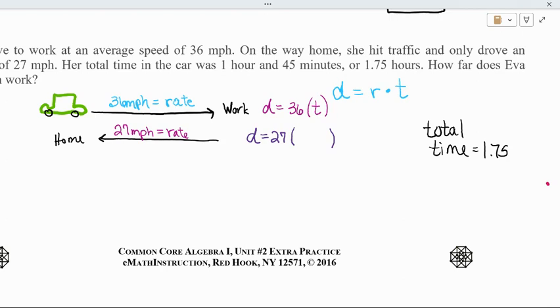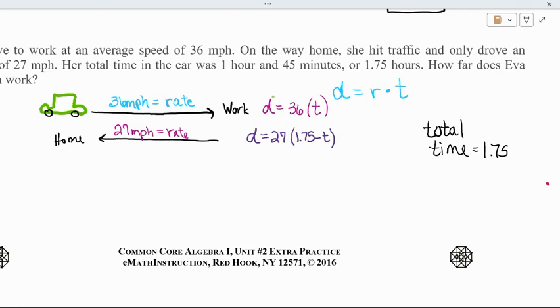So we're going to take our total time minus the amount of time it takes me to get to work. So we're going to write 1.75 minus t. So that's what we're going to put in that parenthesis, 1.75 minus t. That will let us figure out how much time she spent on each trip, like on the way there and on the way back.